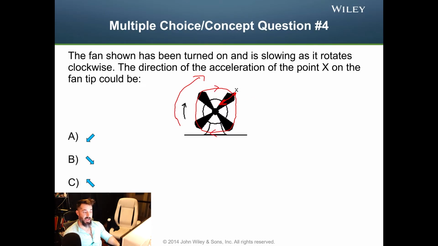And this is an exact point, looking at a single moment in time. Because it's decelerating and not accelerating, you're looking at an acceleration in this direction. So you have an acceleration moving inward if it's the centripetal acceleration, and then you have the tangential moving outward. Depending on what they're asking for, you have A as the centripetal, and then you have C as the tangential.